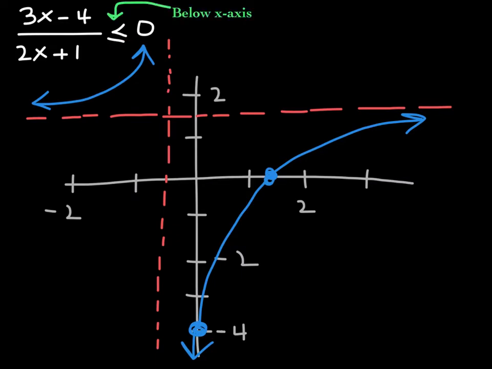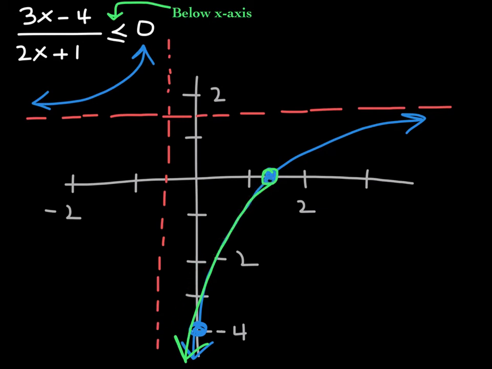All right, I'm going to highlight it for us. It's below the x-axis from the x-intercept of 4/3 all the way to, it's getting infinitely close to this vertical asymptote, which is happening at x equal to -1/2. So it's below the x-axis from -1/2, because this is approaching -1/2, all the way to 4/3.